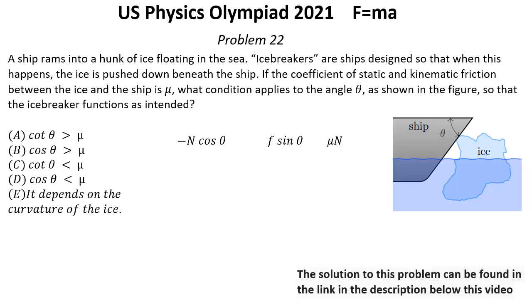The friction force can be at most mu N, so the vertical force from the ship on the ice is Fy less than or equal to mu N sine theta minus N cosine theta. And from here, because force Fy must be less than 0, we have cotangent theta must be greater than mu, which is answer A, and that was the solution for problem number 22.